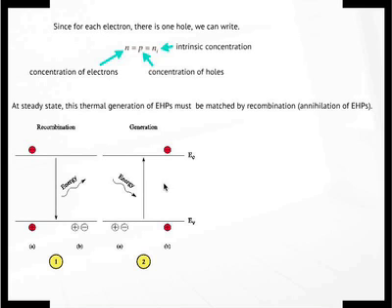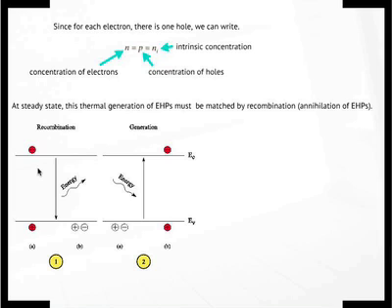What that means is that the energy going in to create the electron-hole pairs must be matched by the energy going out of the system, which is by recombination, where the electron-hole pairs combine together and release energy, which can be heat, light, whatever. Okay? So the generation process and the recombination process have to be matched.